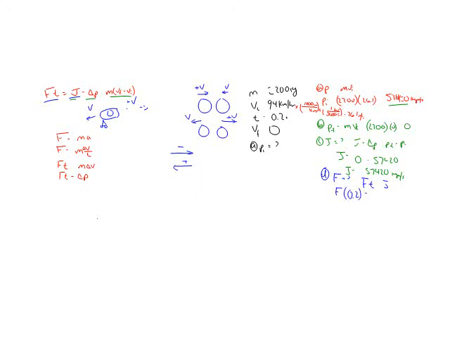And J is negative 57420. So force is going to be 57420 divided by 0.2. That gives you 2.87 times 10 to the 5 newtons, and it's acting in the opposite direction the car was initially going, which makes it negative. Okay. Any questions about this? This is a basic run through.